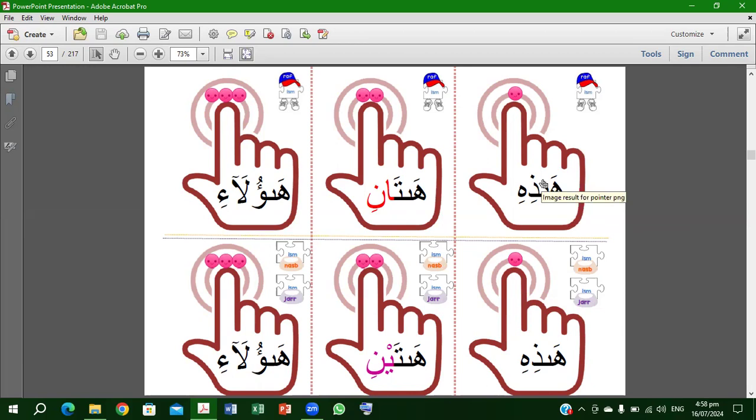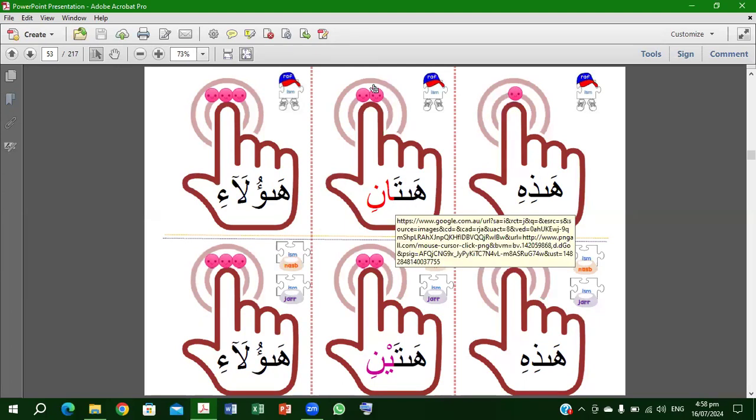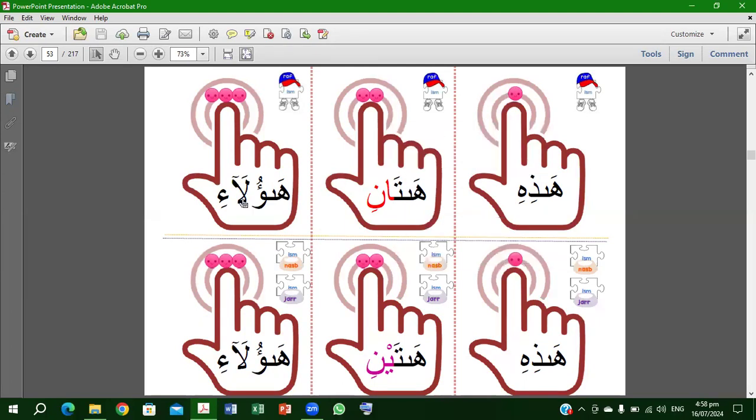If it is one female, it will be hadihi. And instead of hadani, it is hatani for two females, and haulai for all females. You see, the plural is the same as the masculine. For male and female both, it is haulai. The singulars and pairs are different. Okay, so haulai, all these females.